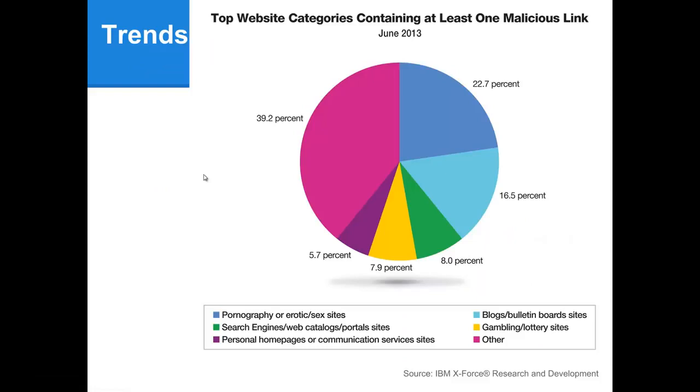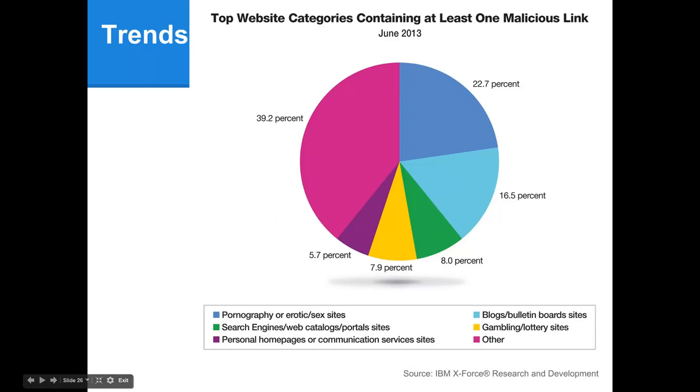This is a wonderful statistic showing just how dangerous and relevant this is. The infographic is broken down by category with pornography, search engine, personal home pages, communication services, sites, businesses, etc., blogs, gambling, and then all other internet traffic.